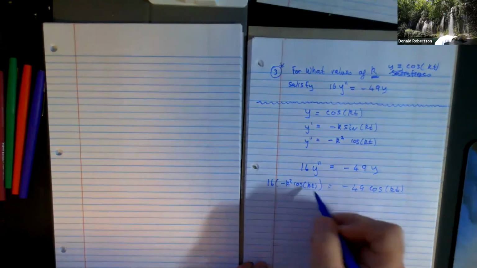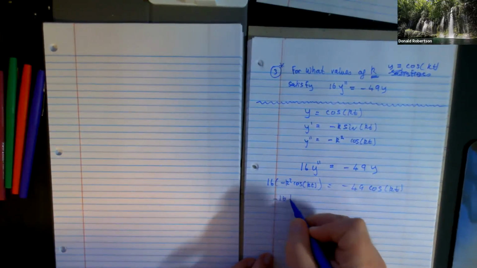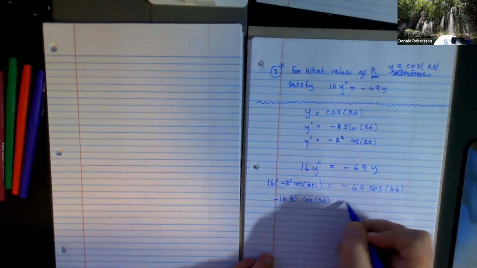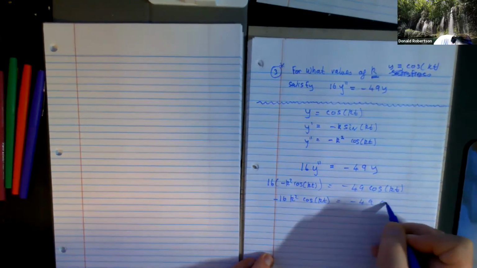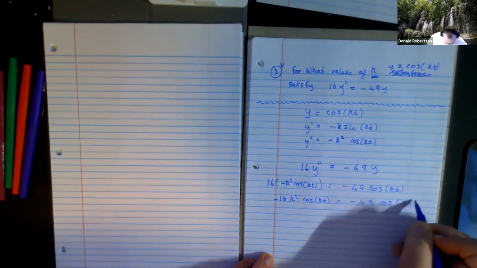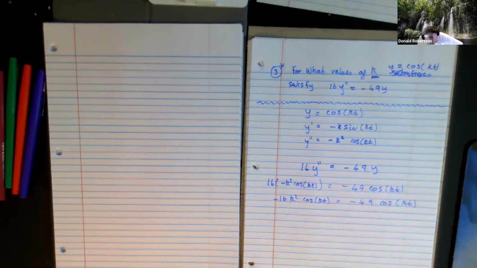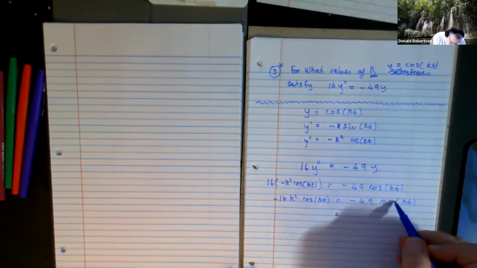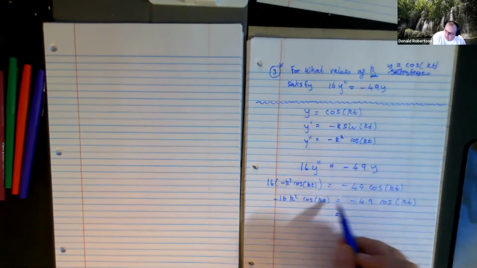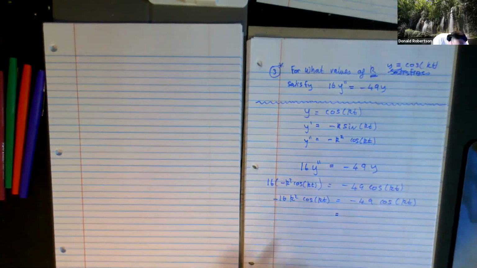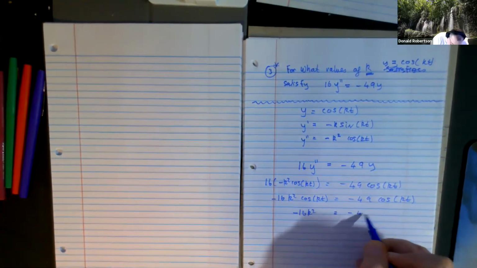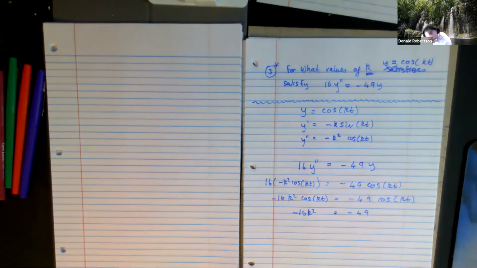If I distribute this, I get negative 16 k squared cosine kt, and that's negative 49 cosine kt. Eventually, I'm going to be able to tell you what values of k this works for. Let me tell you what I'm going to do first. I'm going to divide both sides by cosine of kt, essentially making it go away. As long as the cosine of kt isn't 0, that's allowed.